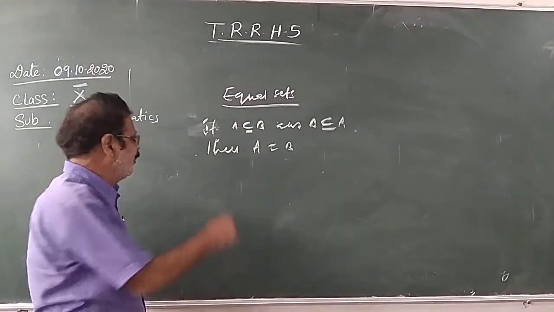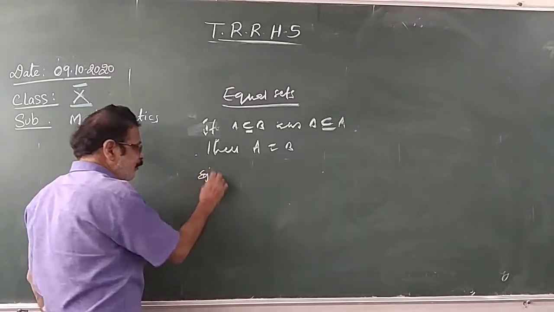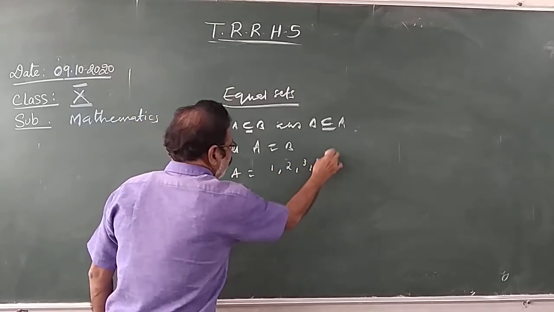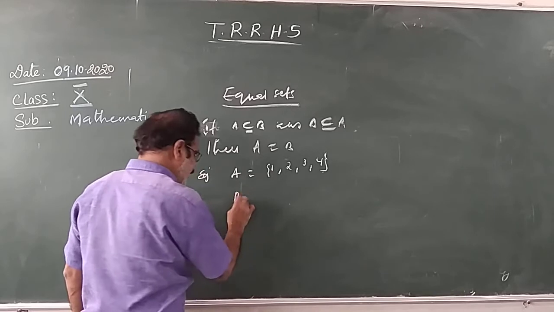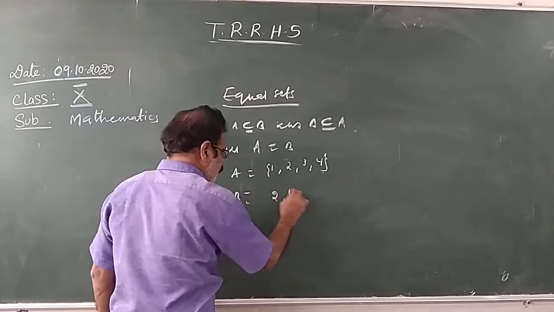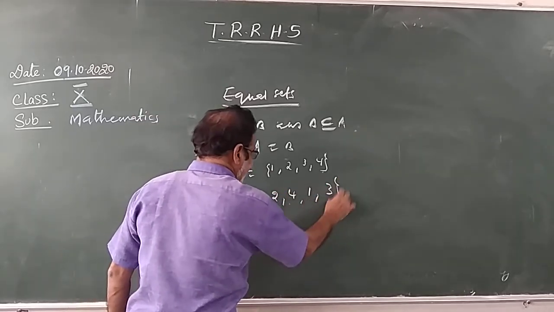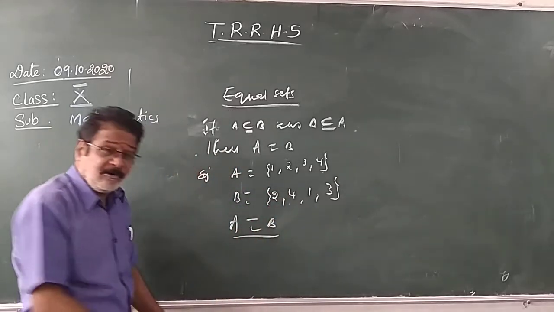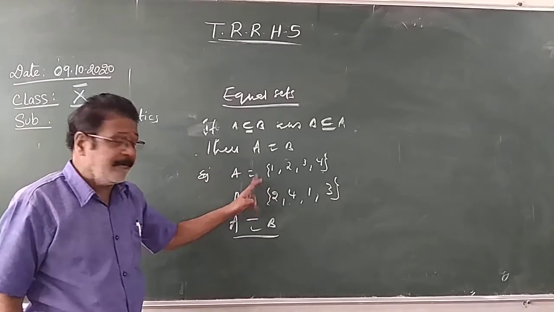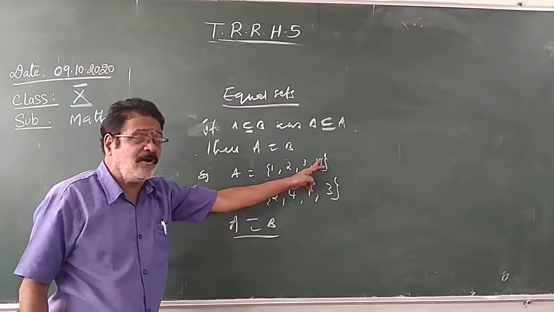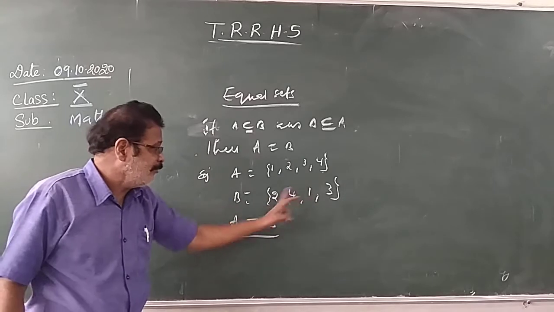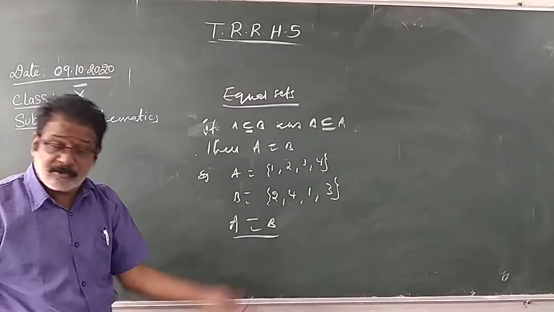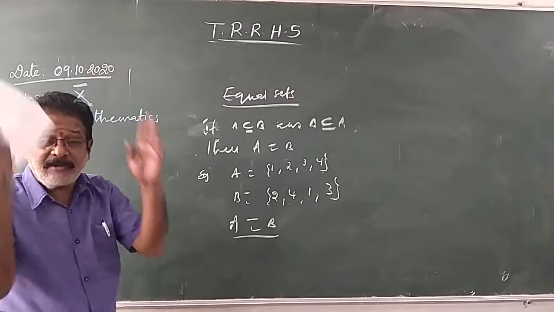Let us consider this example. A equals {1, 2, 3, 4}, B equals {2, 4, 1, 3}. So A equals B. Why? Every element of A is present in B, irrespective of their order. Though their order is different, they must have the same elements.